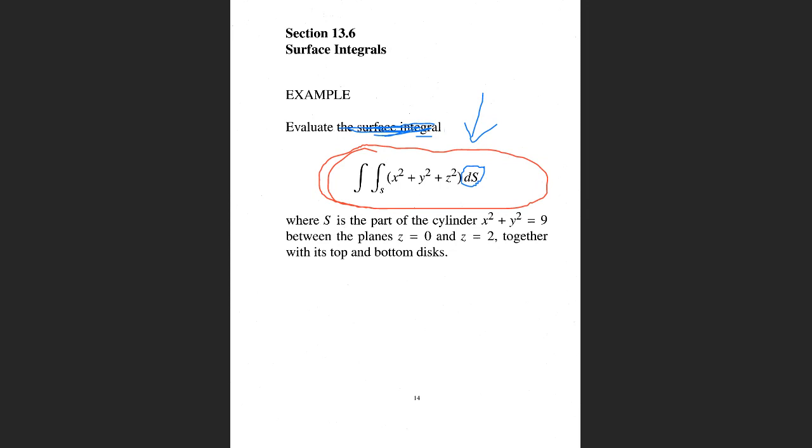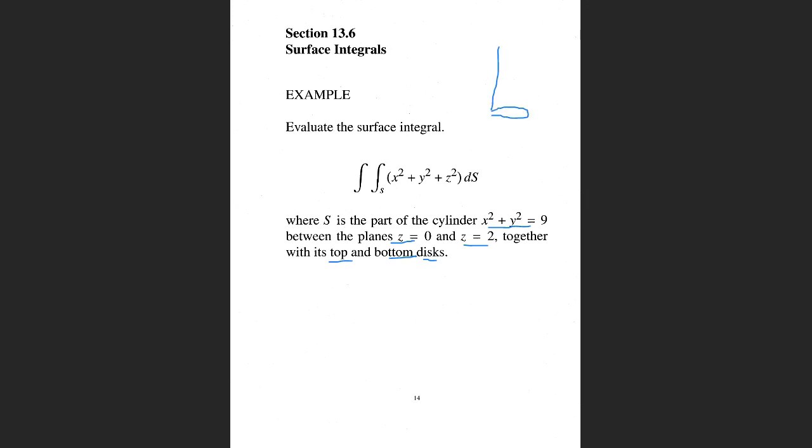Now, what is our surface here? The surface we're being given is part of a cylinder between the planes z equals 0 and z equals 2, together with the top and bottom disks. So this surface is actually a closed surface, because we have the cylinder itself, and it includes the bottom and the top discs too.